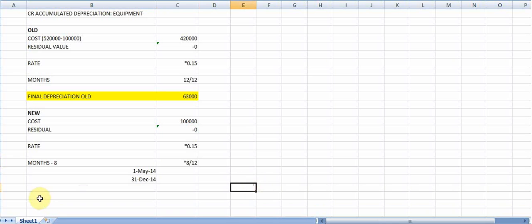And that is going to give me a depreciation on the new of 100,000 times 15% times 8 out of 12, and that gives me 10,000.